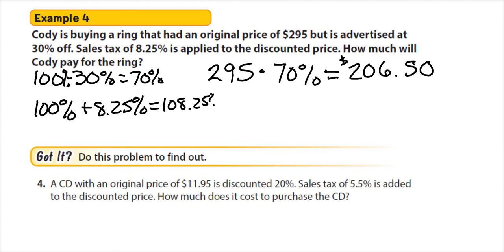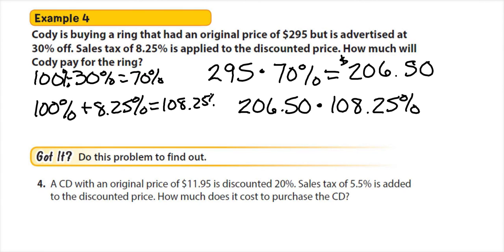Okay. So now we're going to take that number, 206.50, and multiply it by 108.25%.